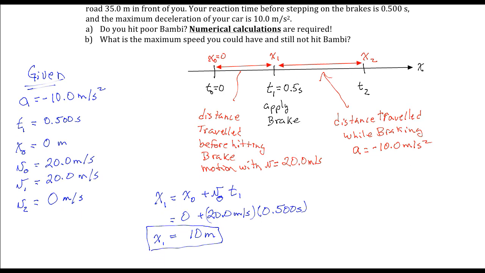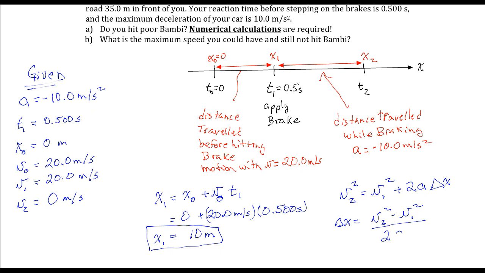So I can use the following equation: v2 squared is equal to v1 squared plus 2 times the acceleration times the displacement. So I want to find our displacement, delta x, which is equal to v2 squared minus v1 squared divided by 2 times the acceleration.